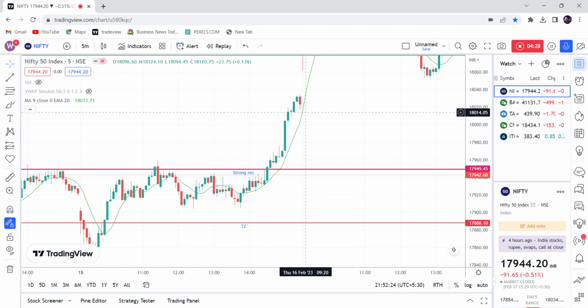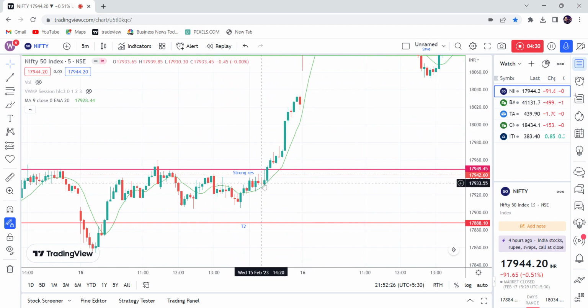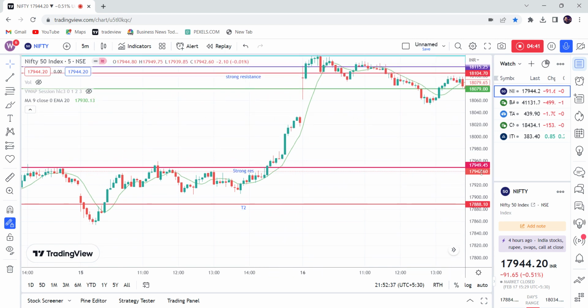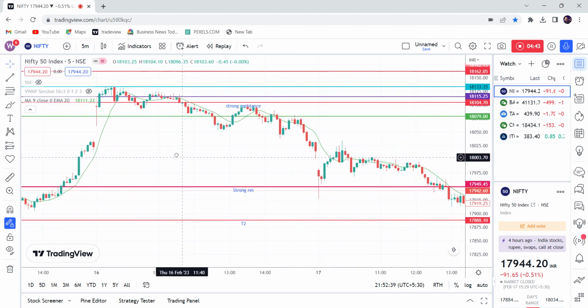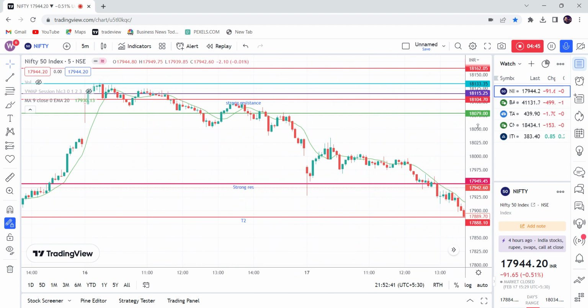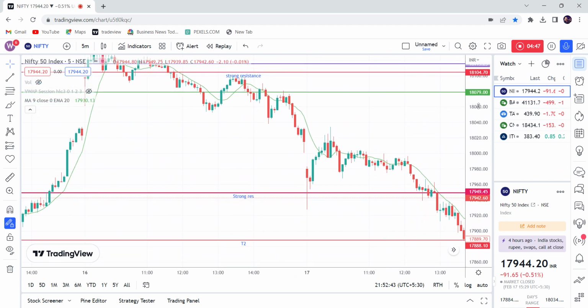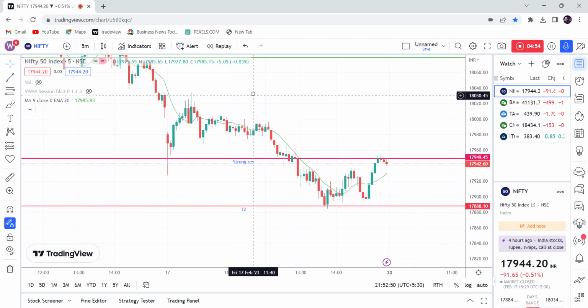Once it started sloping upwards, see if you took the entry after a close above the strong resistance, how far it went. This is the power of the moving average strategy. You can check and analyze on your own, and then only will you know how it works. You can follow this strategy and get more profits.